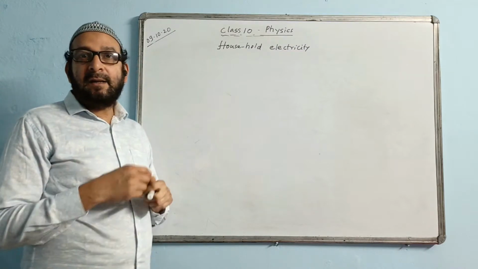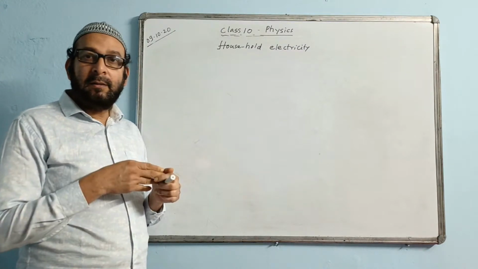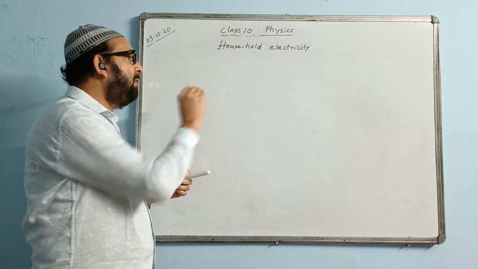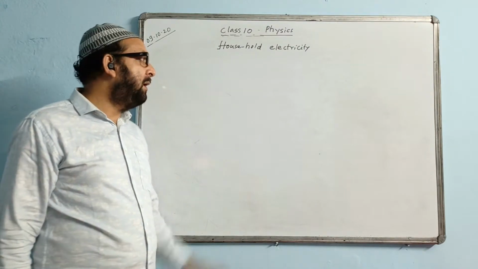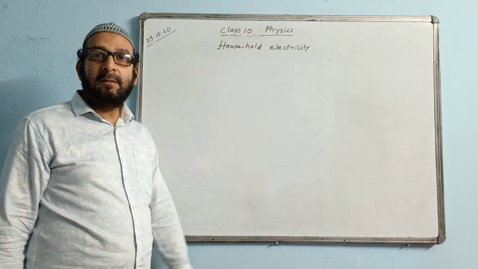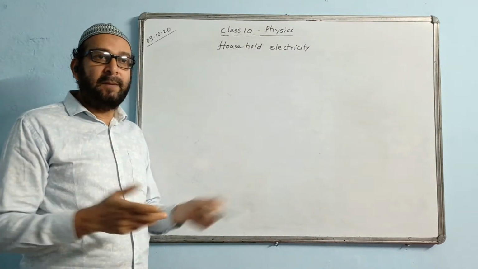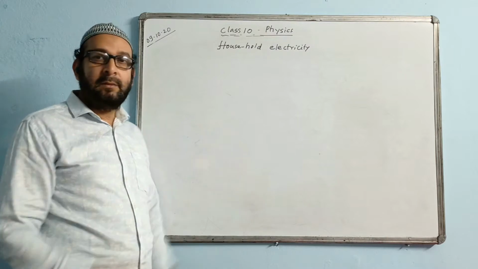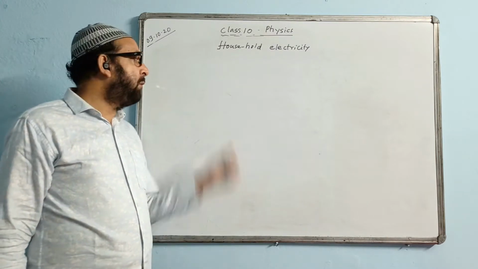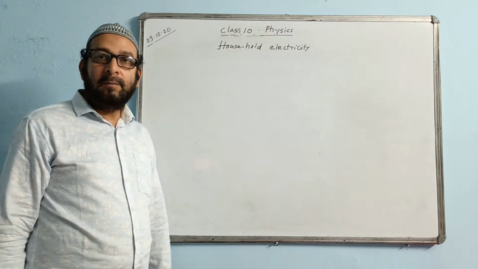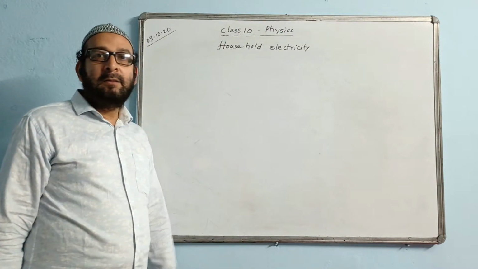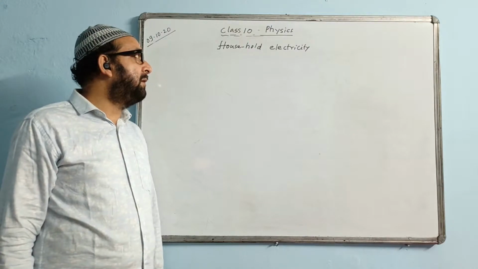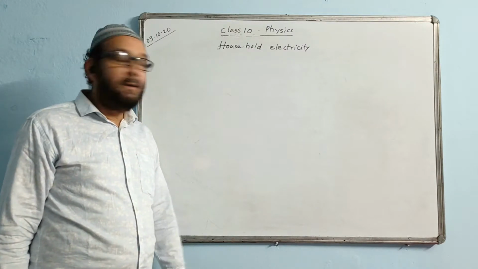So if a high current is going to enter, the fuse will melt and stop the current at that point only, and it safeguards the appliance and the user. It even protects the wire from getting burnt. All these things I mentioned yesterday; it was a recapitulation.